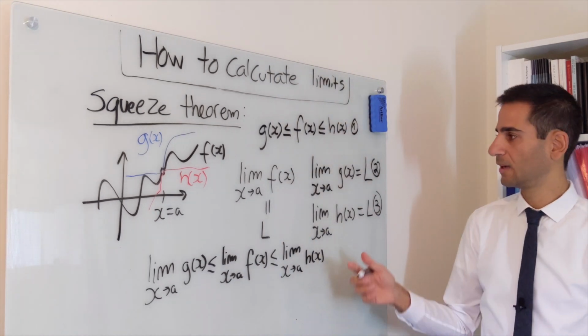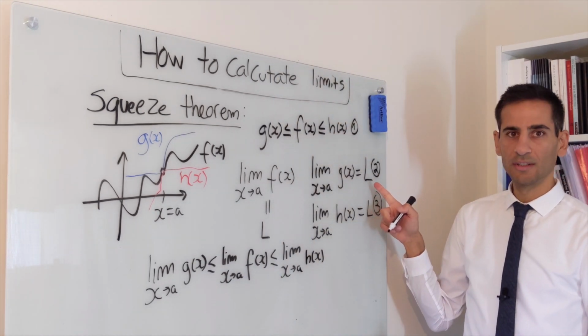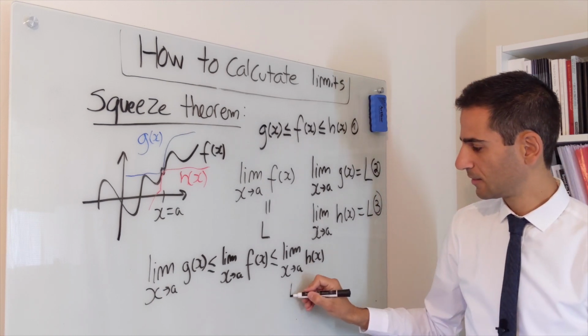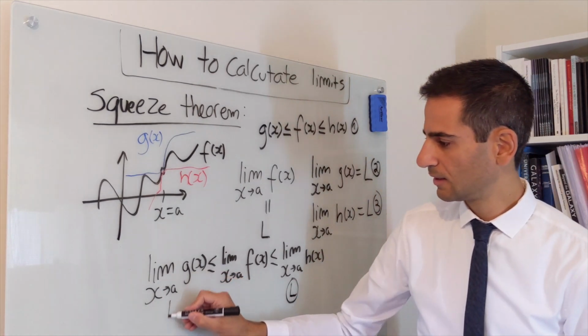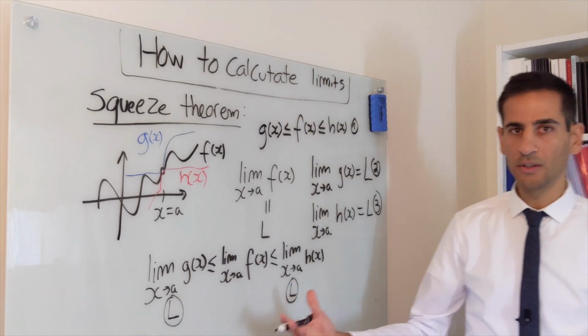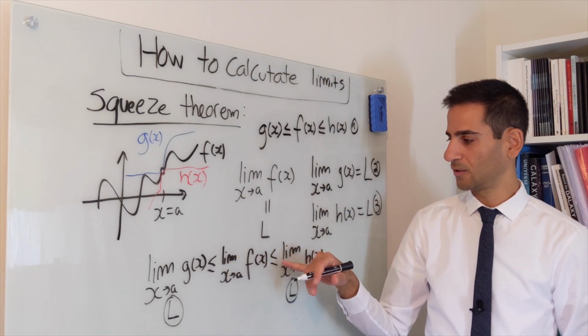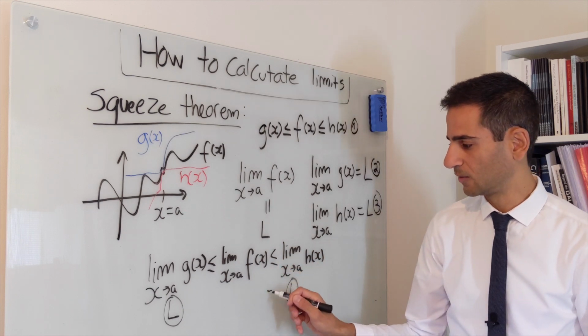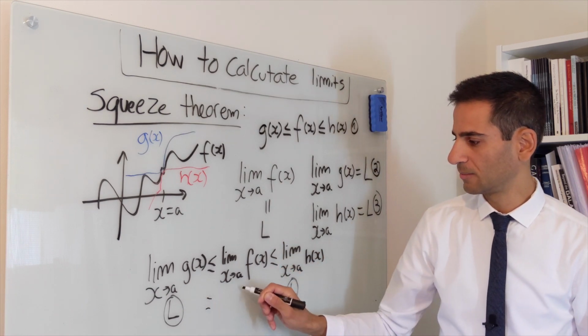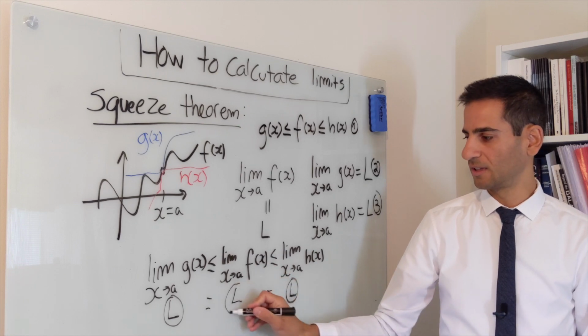Now in the squeeze theorem, if you know that these values are the same, this means this is L, this is L. The only way to maintain these conditions, higher or equal, lower or equal, is for them to be equal, which implies that this has to be L as well.